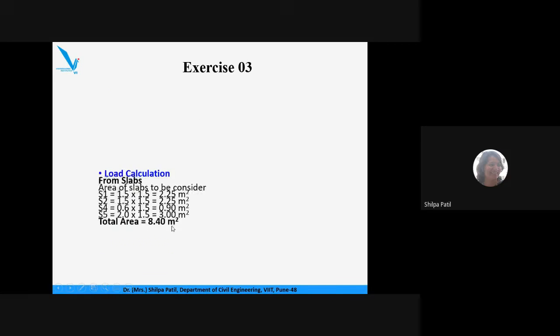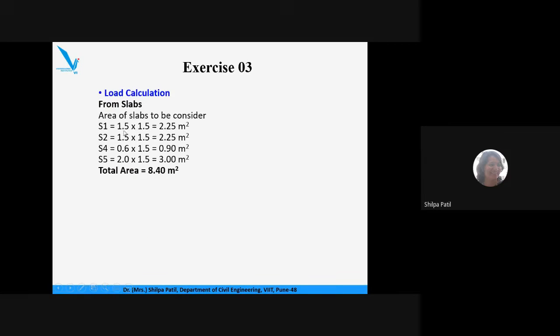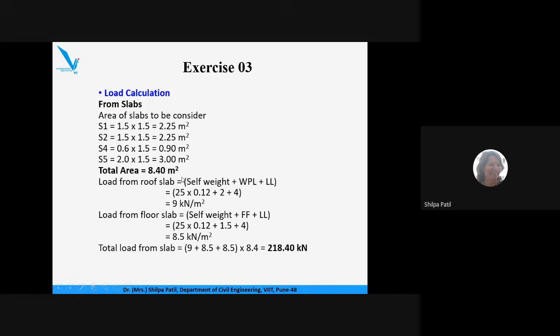So for S1 it is 1.5 by 1.5, S2 again 1.5 by 1.5, S4 0.6 by 1.5, and S5 2 by 1.5. All these slab areas are considered from which the load will act on the column. So the total area is coming as 8.4 meter square.